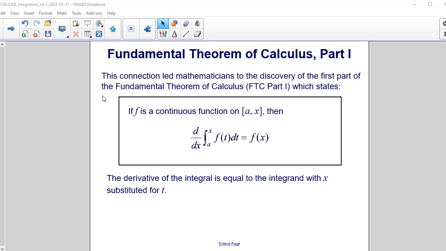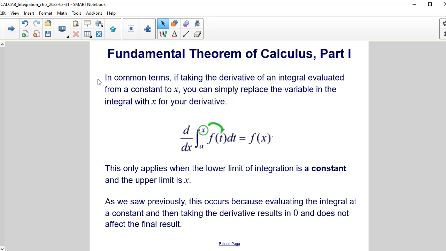This connection led mathematicians to the discovery of the first part of the fundamental theorem of calculus, abbreviated FTC Part 1, which states: if f is a continuous function on the closed interval from a to x, then the derivative with respect to x of the integral from a to x of f of t dt is equal to f of x. The derivative of the integral is equal to the integrand with x substituted for t.